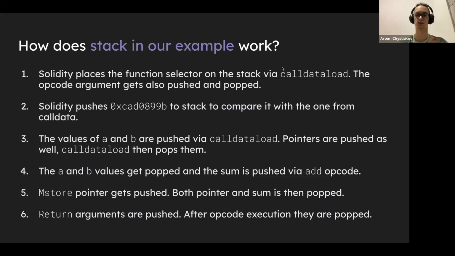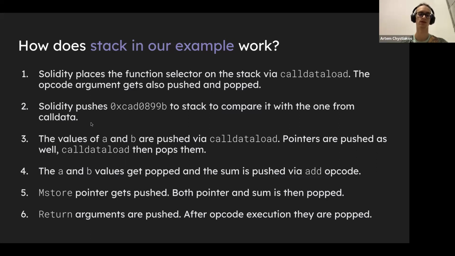Then once the calldataload opcode executes, they are popped by it, and calldataload loads the selector from calldata and places this loaded selector onto the stack. Then Solidity pushes our selector for the sum function to the stack and compares it with the one that it loaded in the previous step.